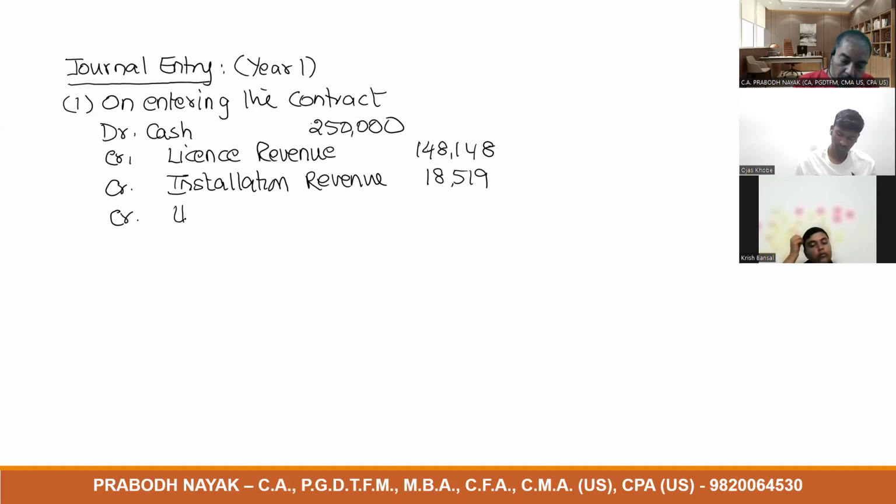Credit unearned revenue, because this is for 3 years. Spread each year 1/3 we have to show. So as on the date of entering into the contract, it is unearned revenue 83,333.